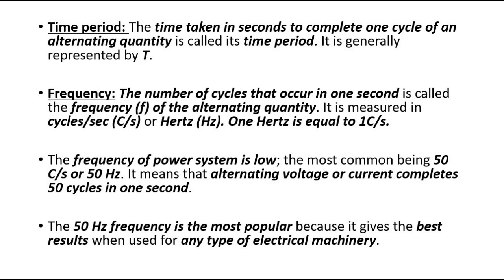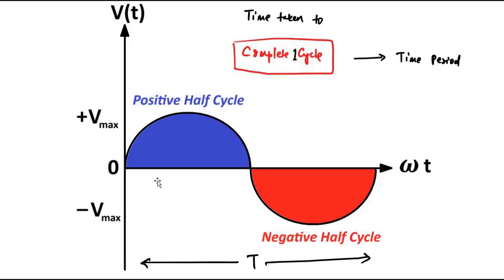Then we have frequency. Frequency is, let's say, in 1 second, how many complete cycles of the waveform can be completed. That is called frequency.